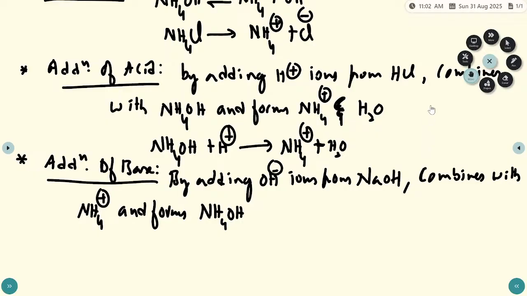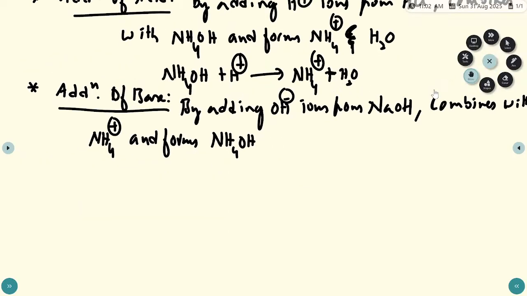Okay, so this is the working of buffer solutions. And next, uses. And here, write the reaction. So NH4 plus and OH minus ions produce NH4OH.